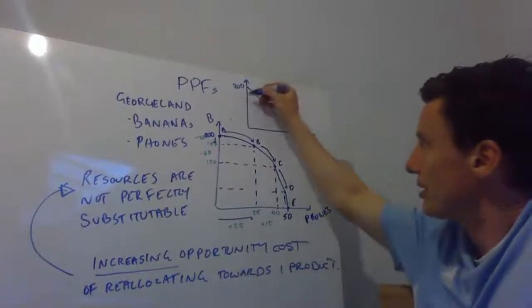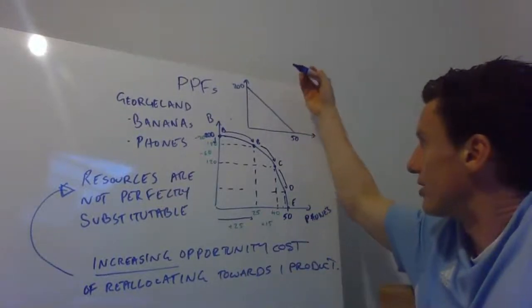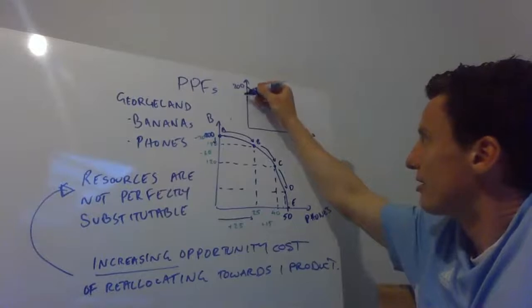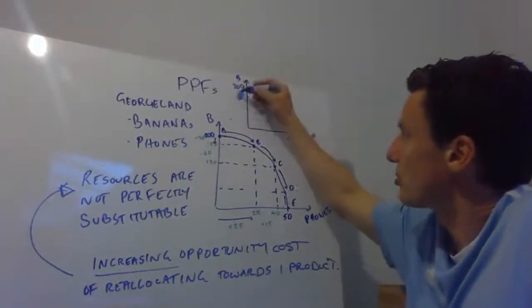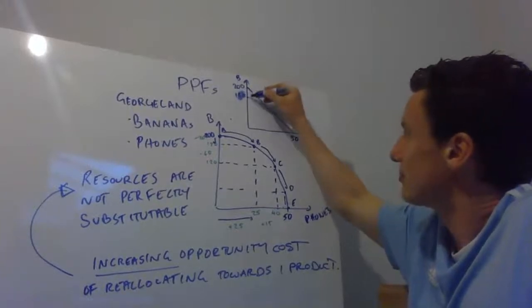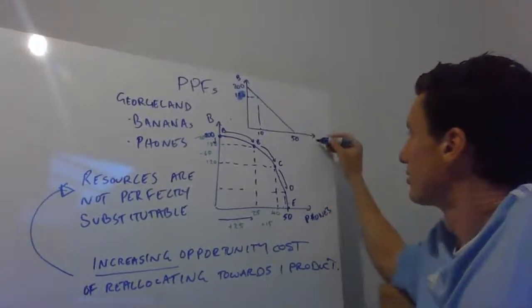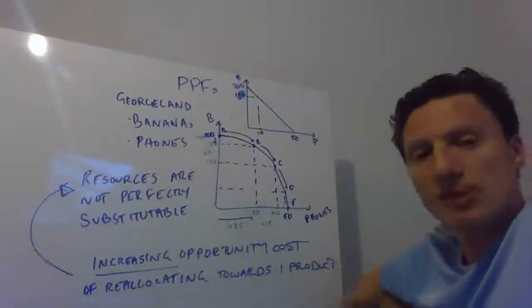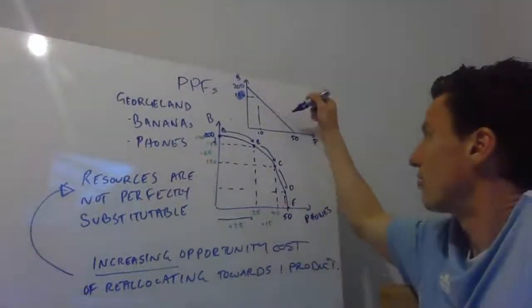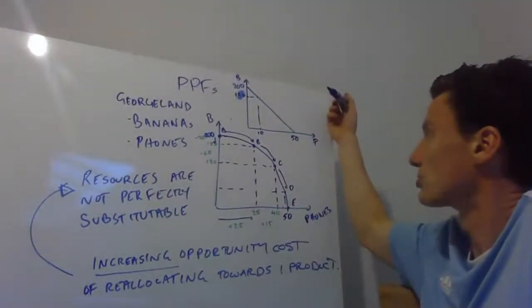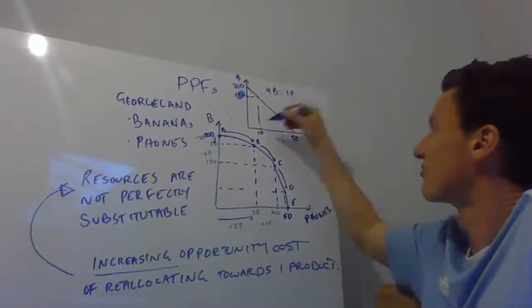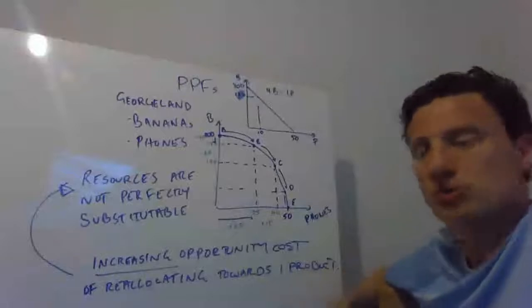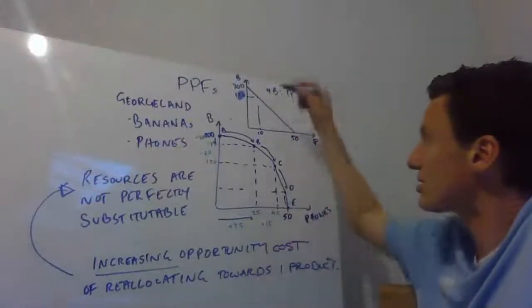Well, that would mean that for every 40 bananas that we're giving up, so we'd go from 200 to 160, we would gain 10 phones, because there is a ratio here of, no, 4 to 1. 4 bananas to 1 phone. So for every phone that we produce, we would be giving up 4 bananas, and that is constant.